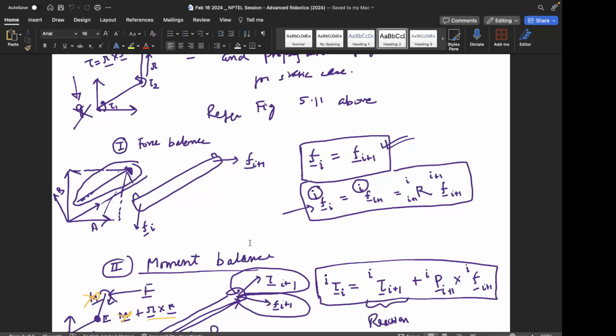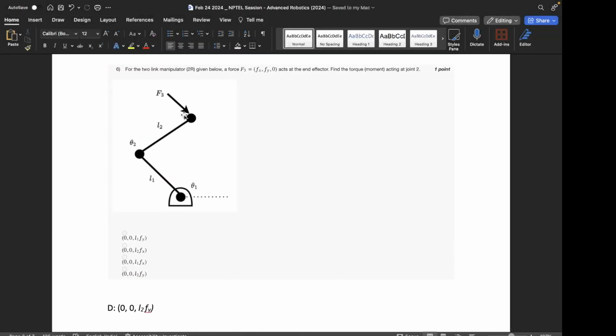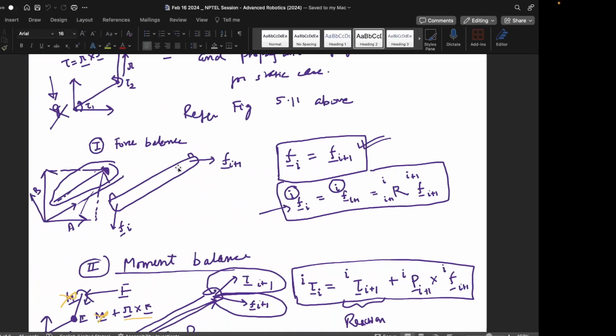So the sum of all the forces acting on the link should be zero, right? So if we are applying a force F on the final link, then there will be a reaction force applied at the joint with the first link, right?